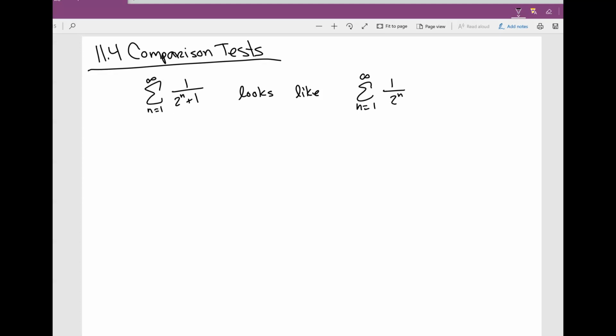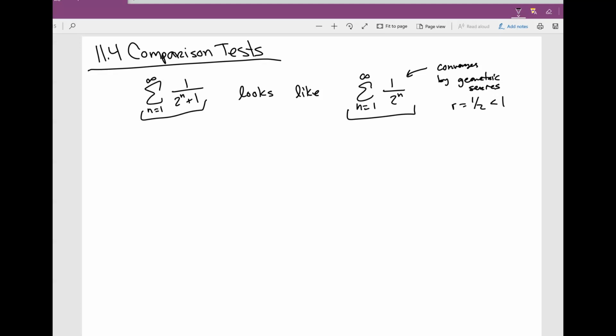This series looks a lot like this series, and I know that this series converges by geometric series. Why? Because we know here that r is equal to 1/2, which is less than 1, so therefore it converges.